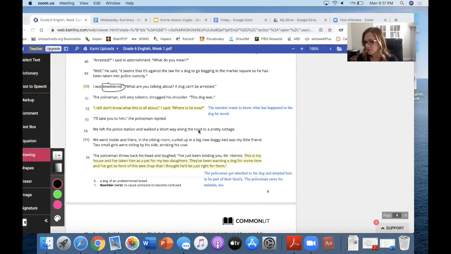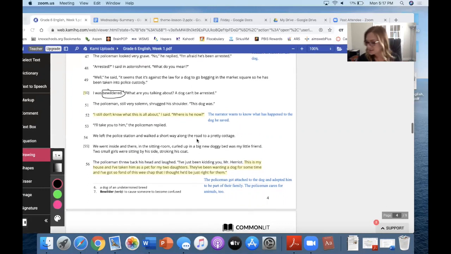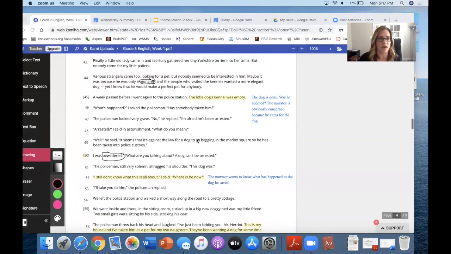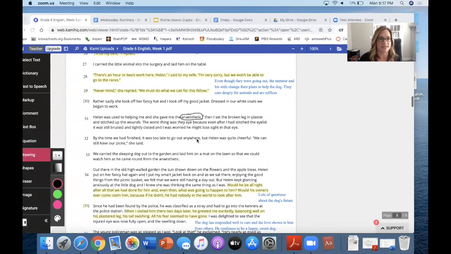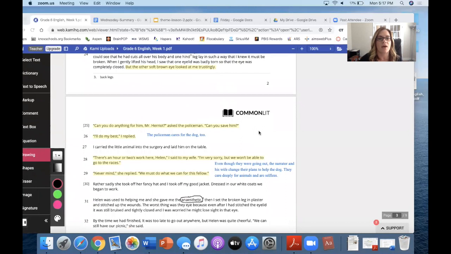The first one I selected was from paragraphs 25 and 26, where the policeman was saying, "Can you do anything for him, Mr. Harriet?" asked the policeman. "Can you save him?" "I'll do my best," I replied. That definitely shows that caring, and it shows it for both of them. So that would be an excellent one to select. That was answer choice B.